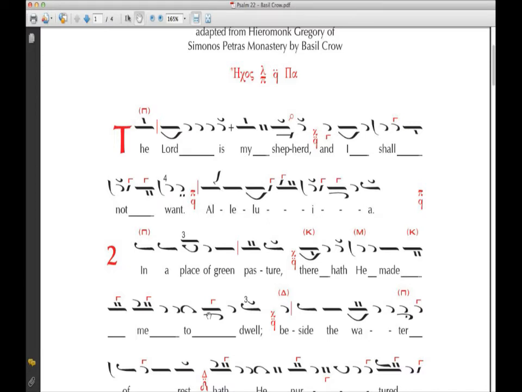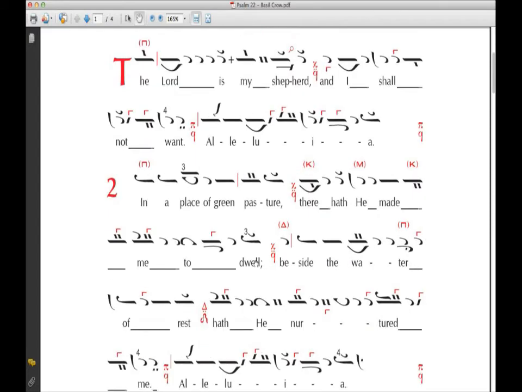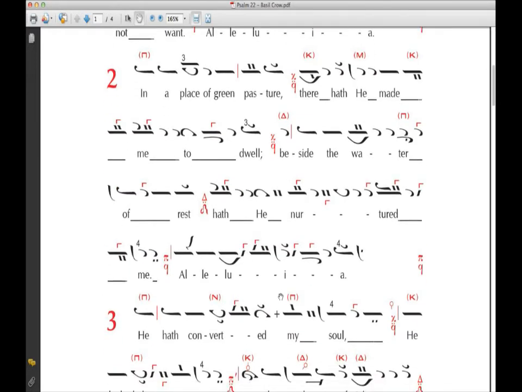Hallelujah. In a place of green pasture, there hath he made me to dwell beside the water of rest. Hath he nurtured me.